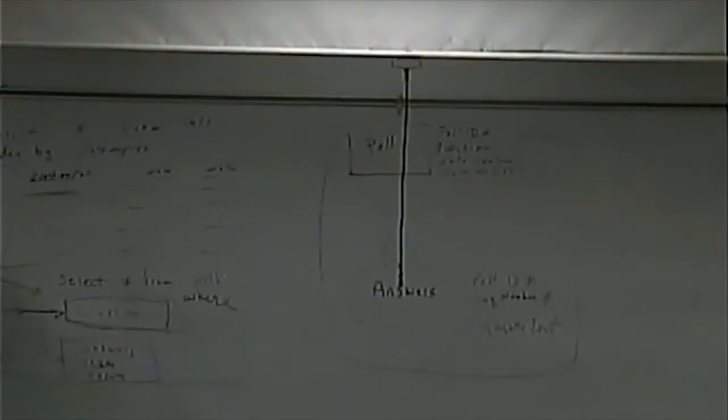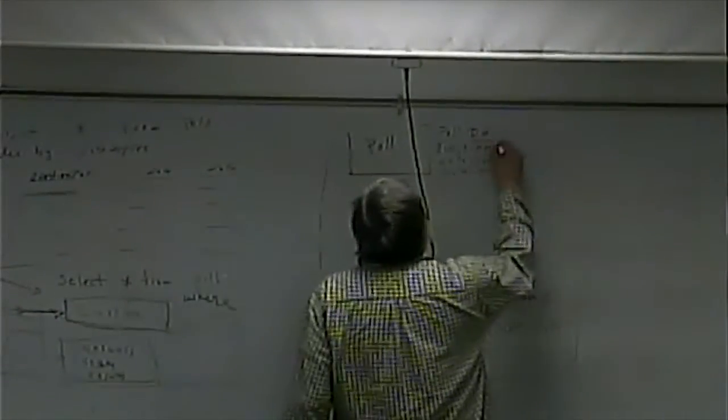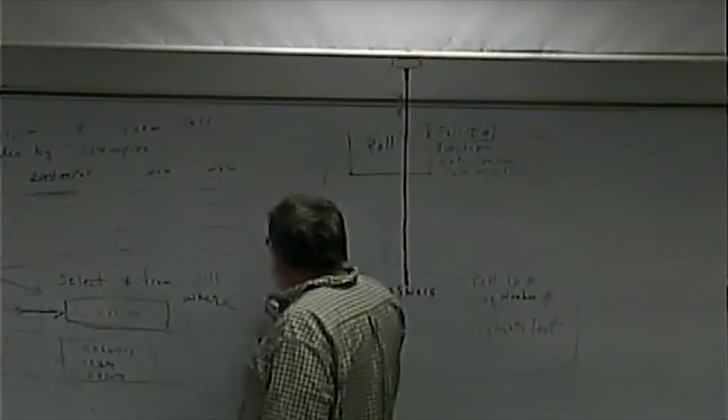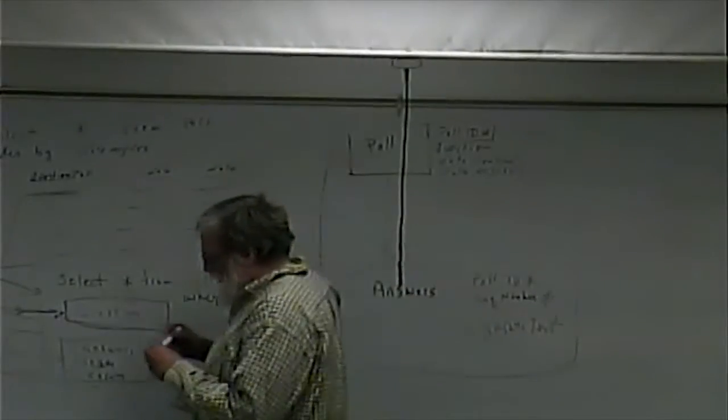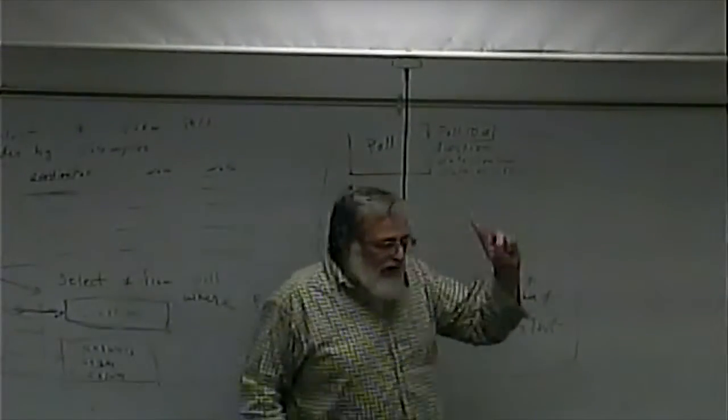How do we identify uniquely a row in a database table? It would be by the ID number. Right. So what's the primary key to this table? It's the poll ID. So if we want to select one member of a table, we use the primary key to that table. And that primary key, in this case, is a poll ID.